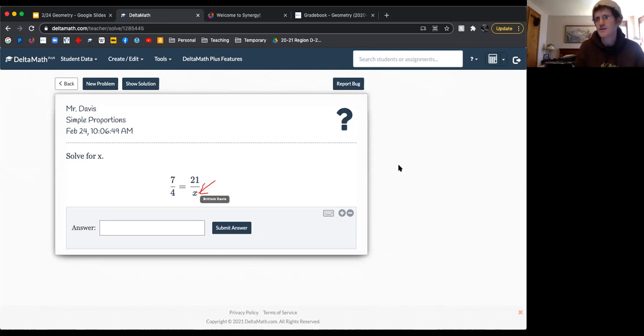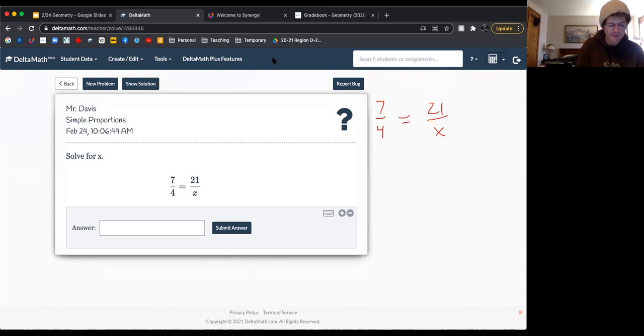Now I'm going to run through this the longer way. It's only slightly longer. And then we're going to refer back to a shortcut that you've probably learned in the past. So if I've got 7/4 equals 21/x, then what I want to do is get rid of the denominators. And the only way I can get rid of the denominators is by multiplying by those numbers.